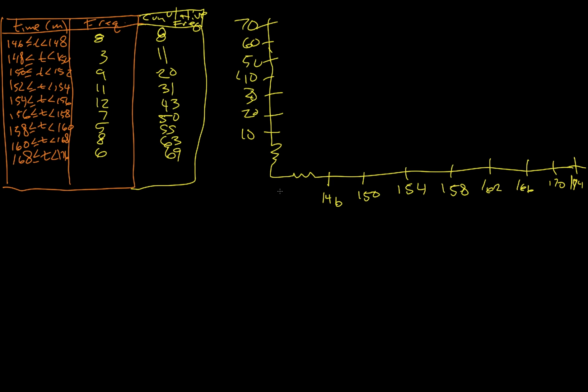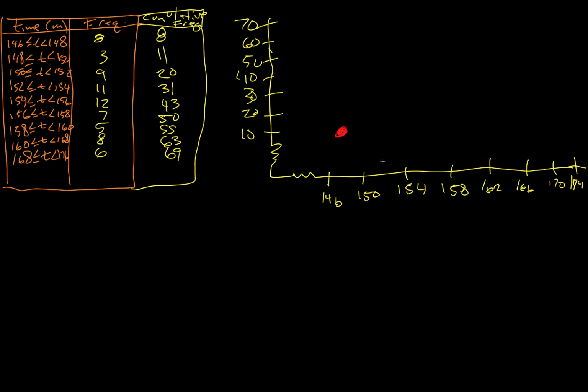Now, what we're gonna do is, in between these times, we're gonna plot this like it's a 1:47 essentially. 1:47 or 1:48. We know that there's 8 people that have finished the race.